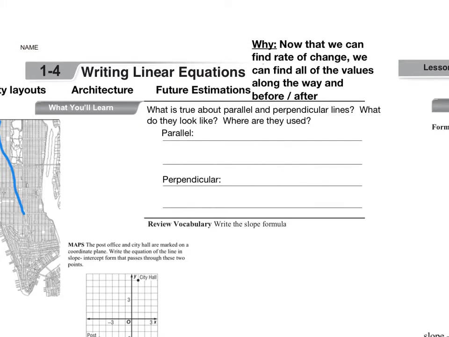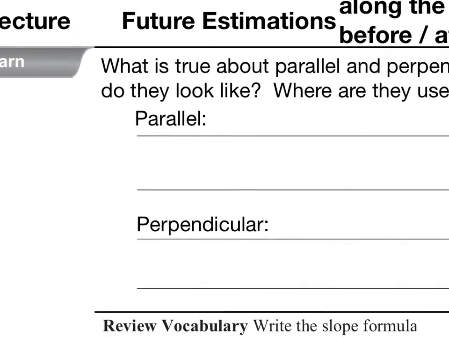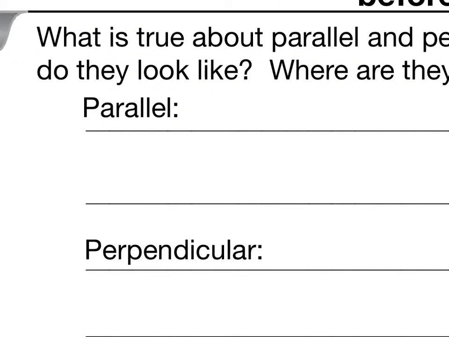Alright, so here what we're going to do is talk about parallel and perpendicular lines. What do they look like? Where are they used? So parallel lines are lines that never cross.